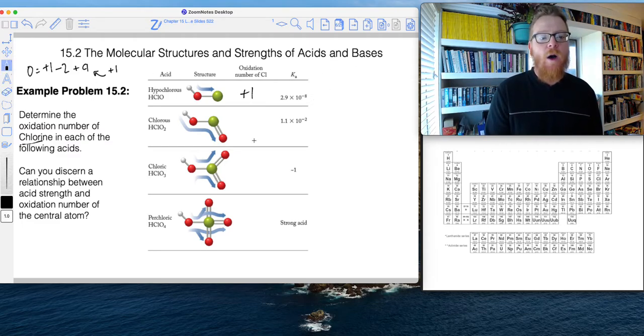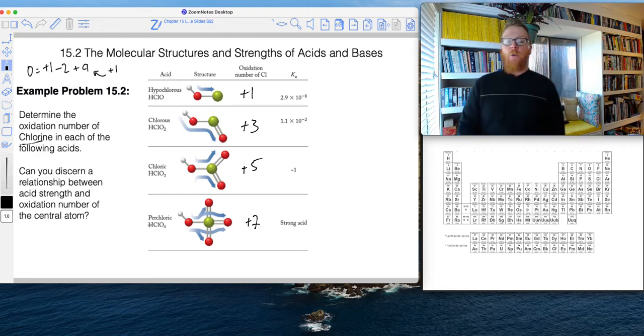So that's +1. So now that means when I add each extra oxygen, the oxidation state of chlorine increases by +2. So +3 for chlorous acid, +5 for chloric acid, and +7 for perchloric acid.